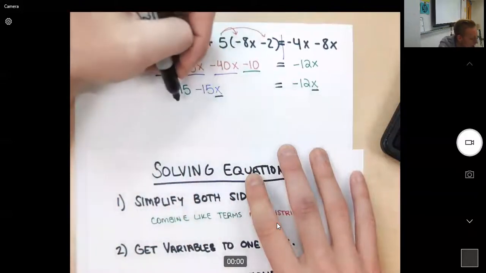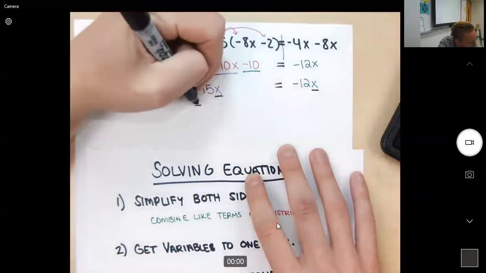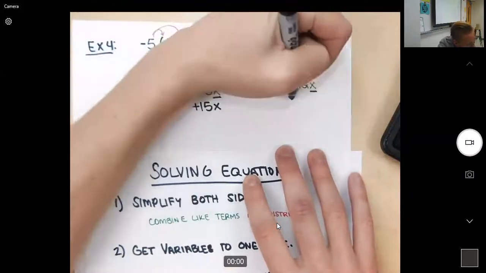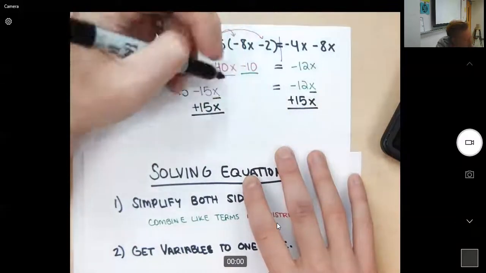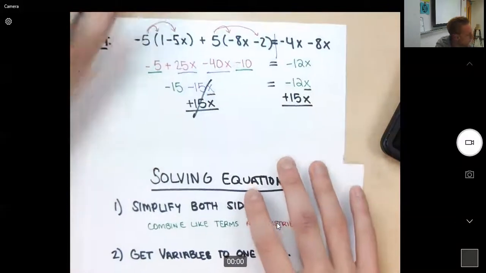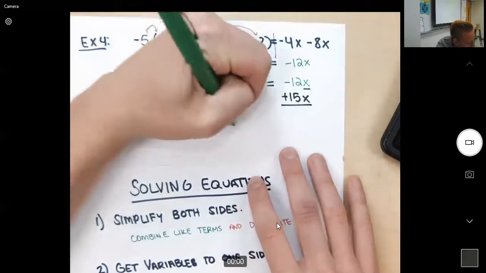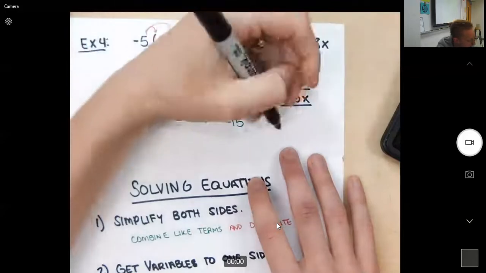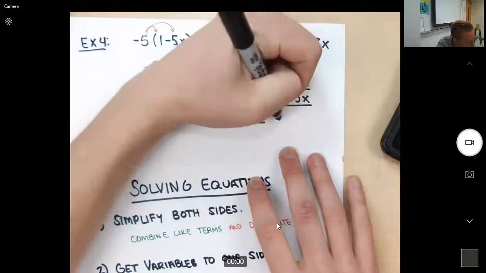Now, all that's over here is negative 12x, so I'm going to add 15x to both sides. So that goes to 0, and so what we're left with on this side is the negative 15 is equal to, well, negative 12x plus 15x is going to be 3x.